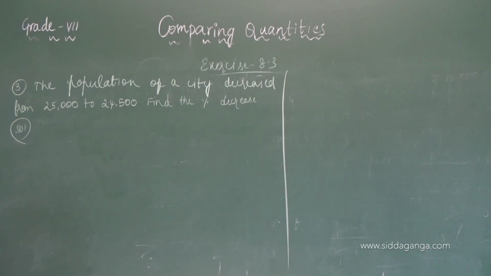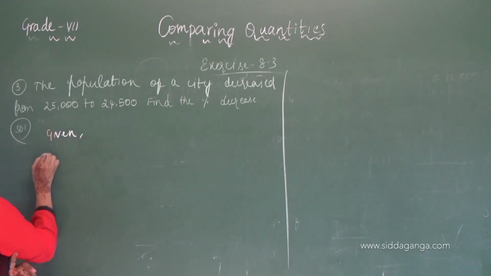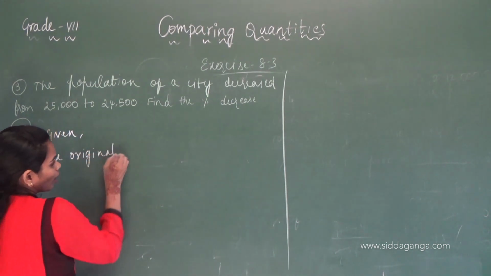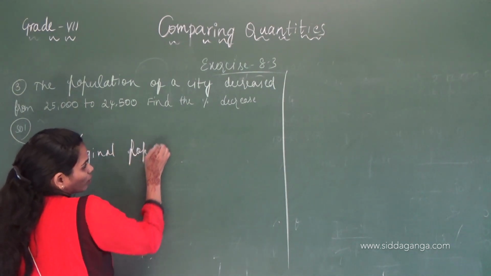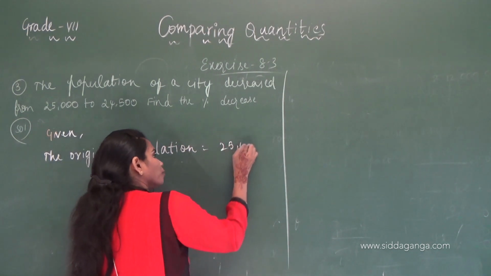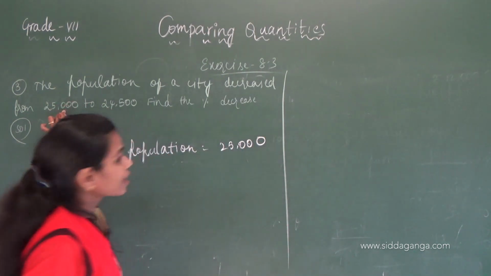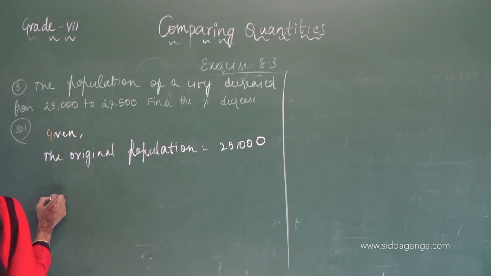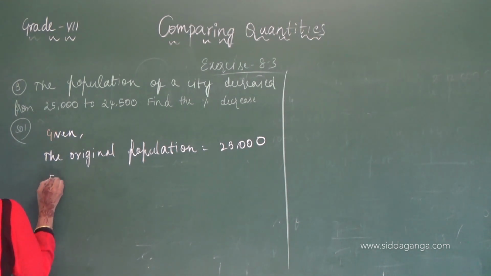First we write the original population, which is 25,000.